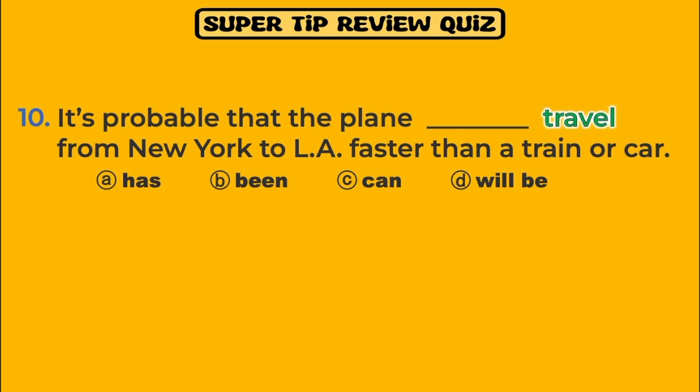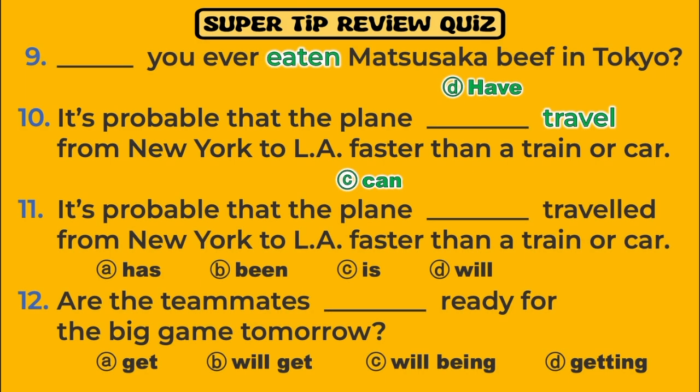Verb 1, verb 2, verb 3, or verb 4. Travel is verb 1. And we know that verb 1 works with do or modal. We don't have a do, but we have a modal. So we need can here. It's probable that the plane can travel from New York to LA faster than a train or car.